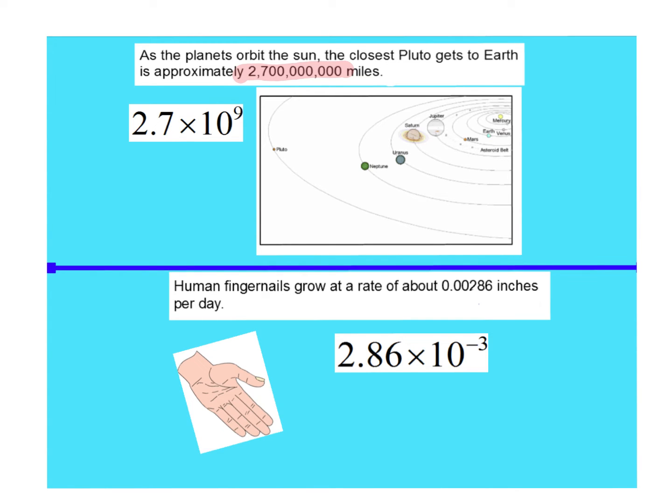So instead of constantly writing those big numbers, astronomers shorten it to what we call scientific notation. The same thing down here. Scientists use really small numbers. Human fingernails grow at a rate of about 0.00286 inches per day. Again, because it's really small, they shorten it to scientific notation.